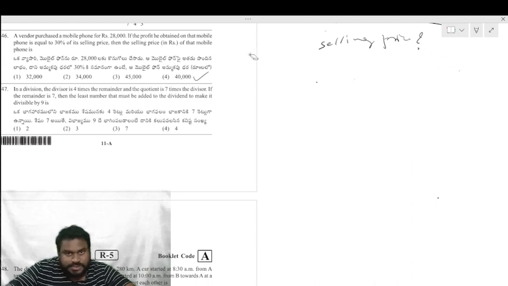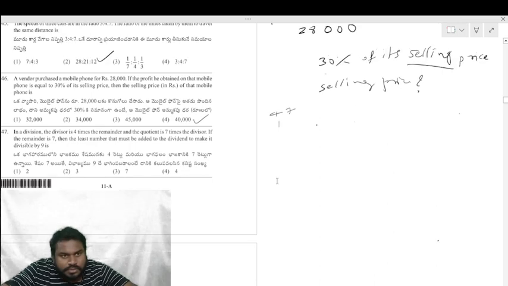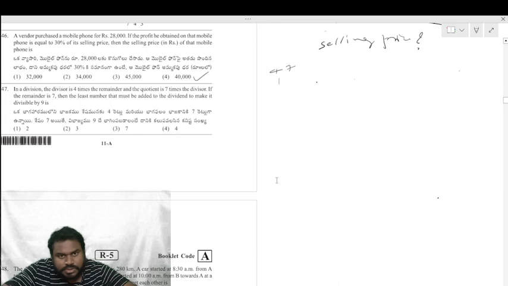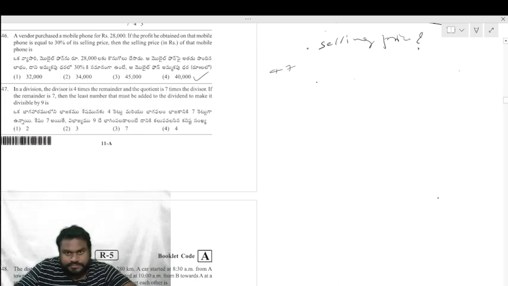It is something like division. The division principle you need to apply. So 46 is over, 47 we are talking about.